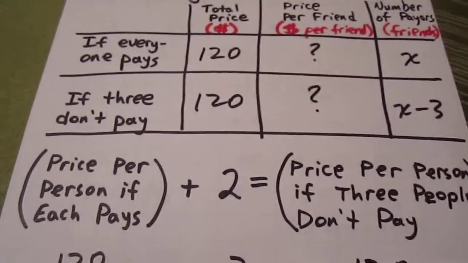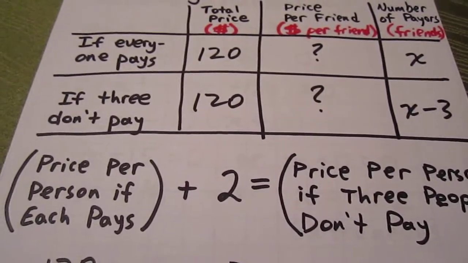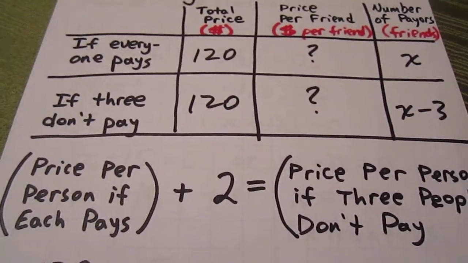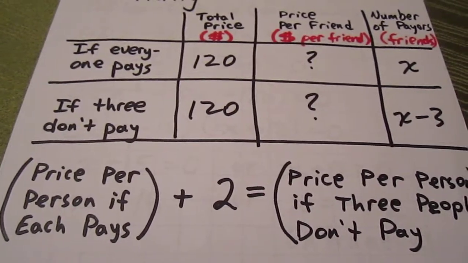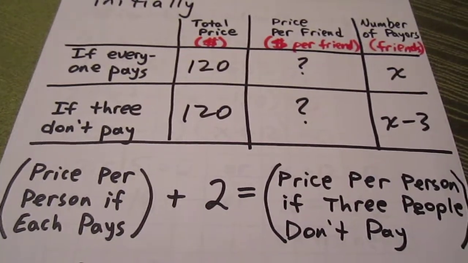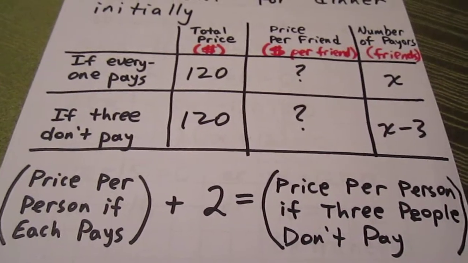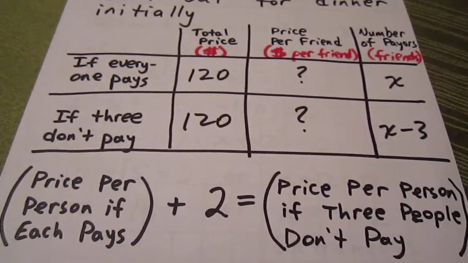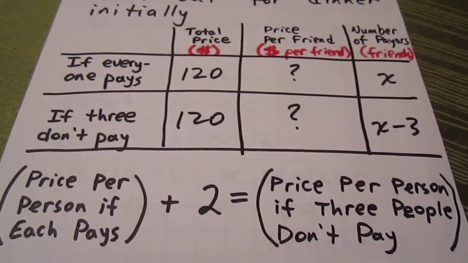We think about it a bit and say, okay, if everybody had paid, the price would have been cheaper by $2. So if we add $2 to what the price would have been if everyone paid, we get the price that actually occurred where 3 people didn't. So the price per person if each person pays, plus 2, is equal to the price per person if 3 people don't pay.